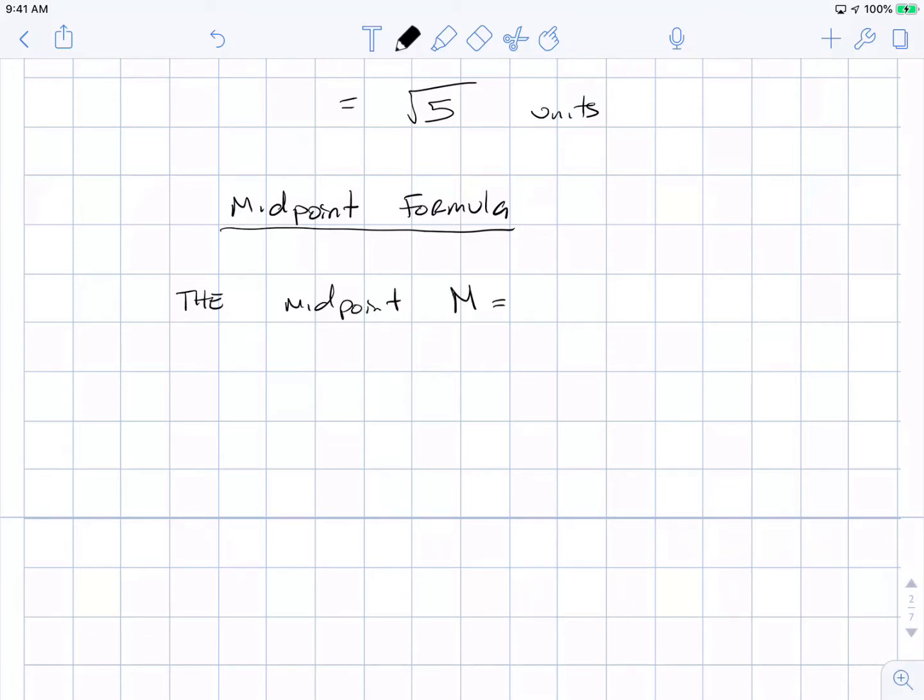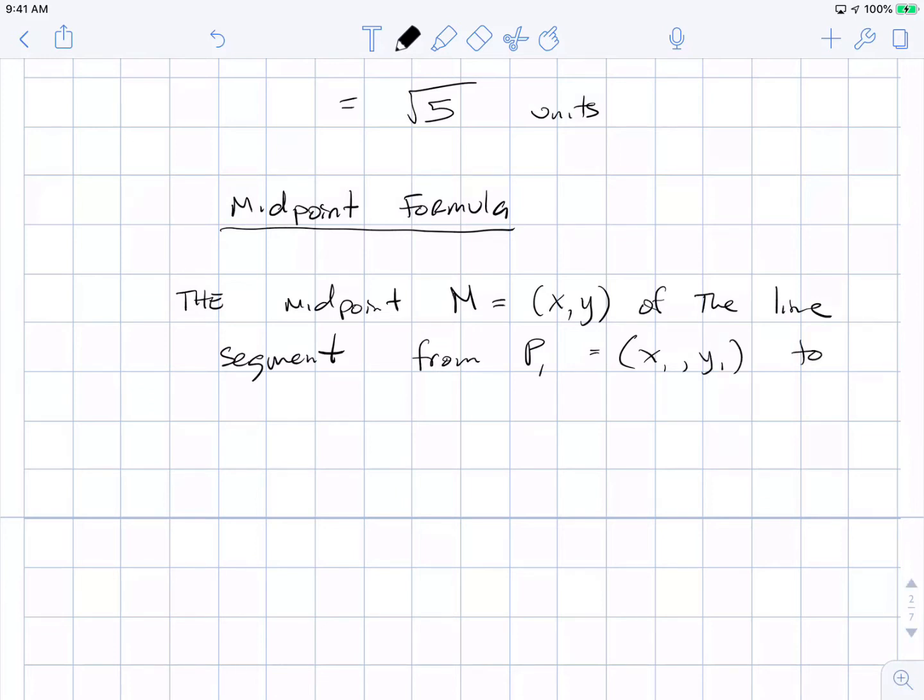we'll call it capital M, of x, y of the line segment from point 1, which is, again, x1 comma y1, that subscript's going to always be used to denote the first point.